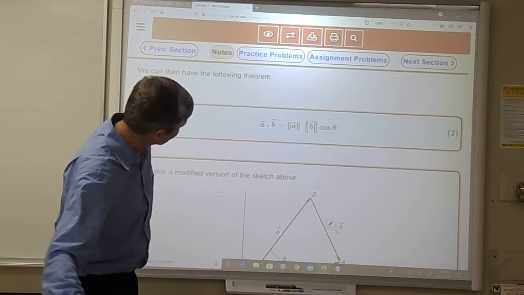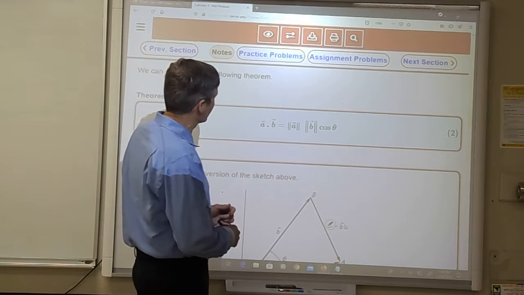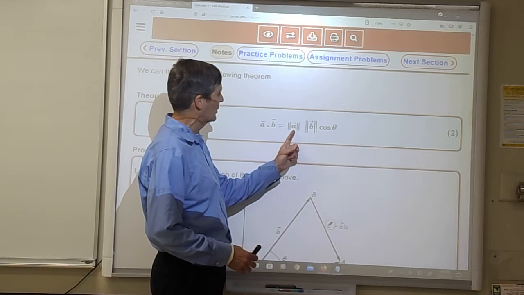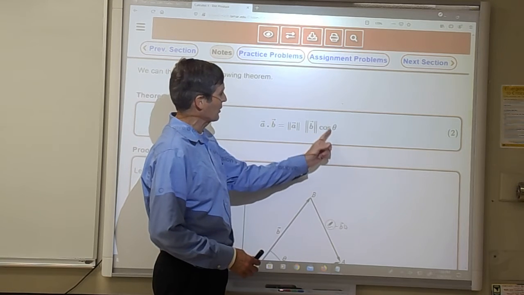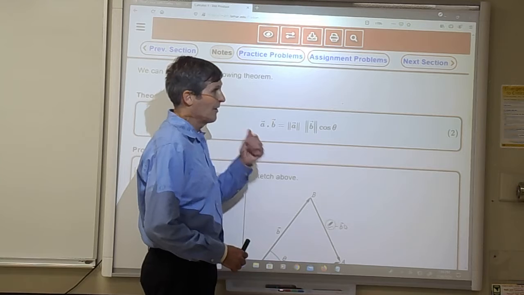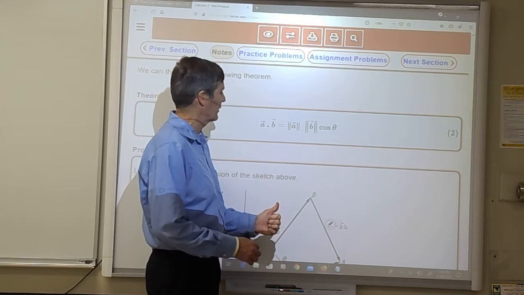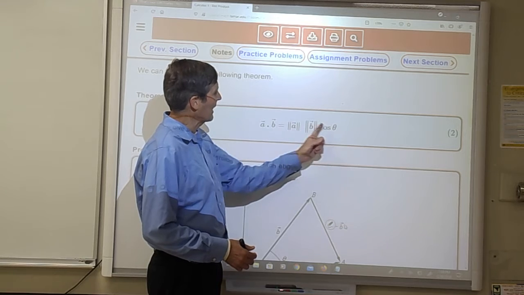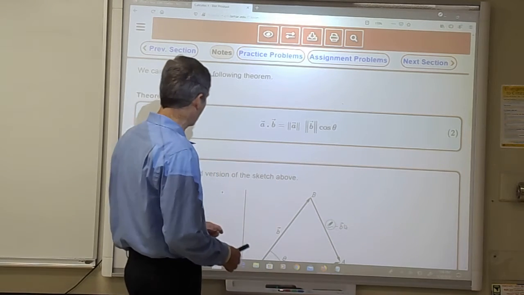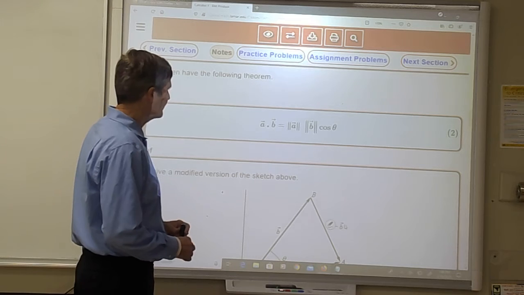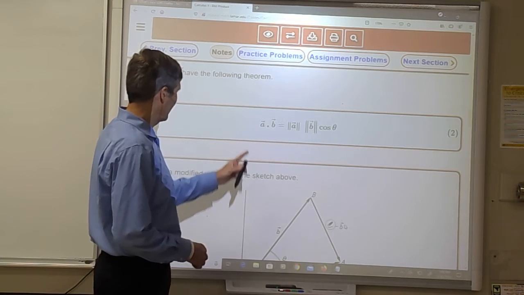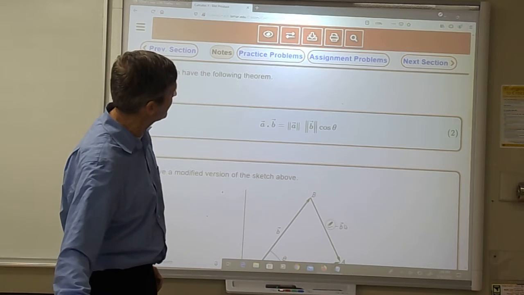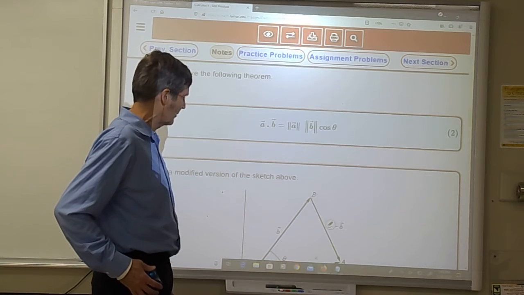But with a bunch of geometry, you can show that a dot b, the dot product of two vectors, is actually equal to the length of a, the length of b, times the cosine of the angle between them. That's the foundational, important property of the dot product that makes it so useful. This helps you to determine the angle between two vectors, right? If a dot b is length of a, length of b, cosine of the angle between them, I can use that to find the angle between any two vectors.